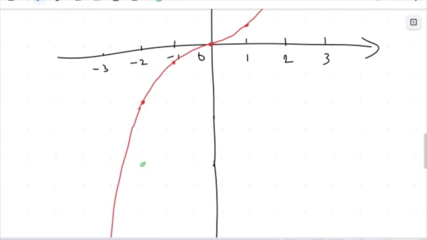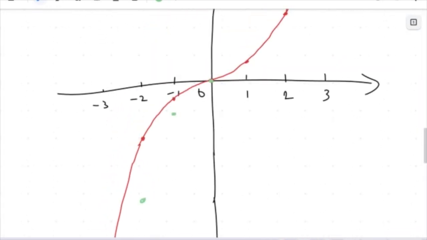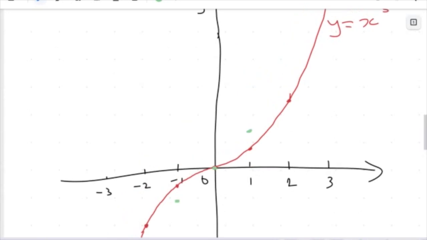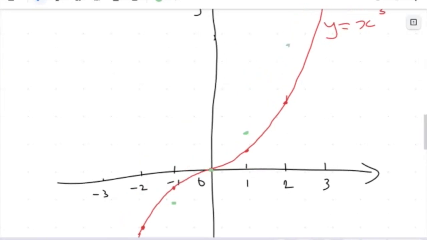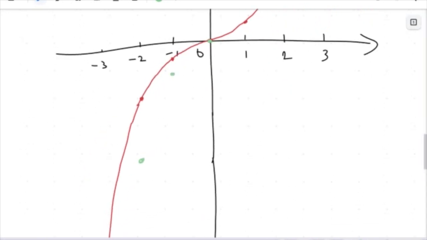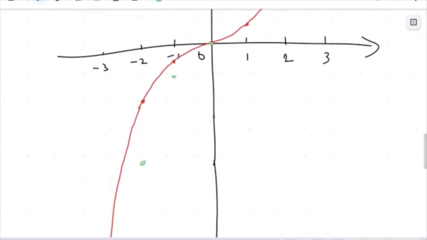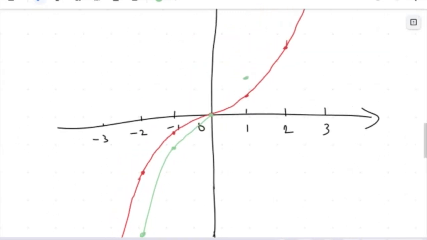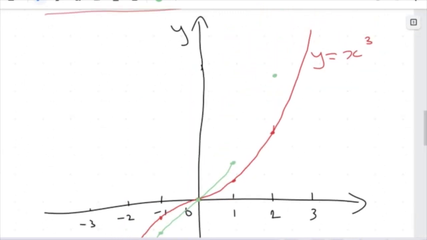So that's about here. I get 0, and I get this thing up here, and I get this here. Now, if I connect the dots like I've done before, you will notice that I get a slightly steeper graph.